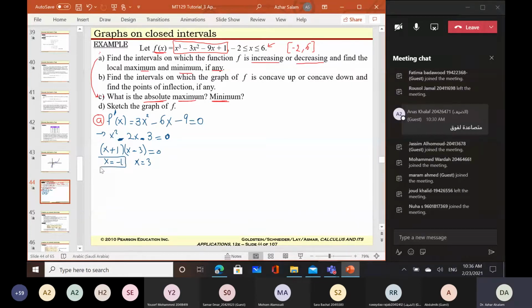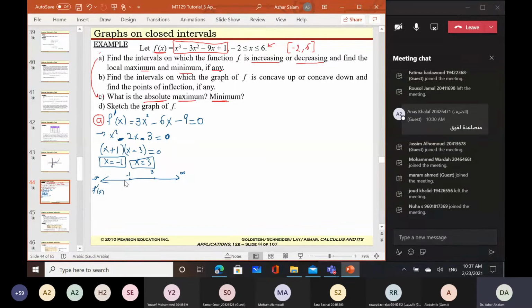So now I will find the intervals of increasing and decreasing. I will locate them on the number line. Here I have -1 and here I have 3, and make the first derivative test. Here from -infinity to infinity, I will find the sign of f dash of x.